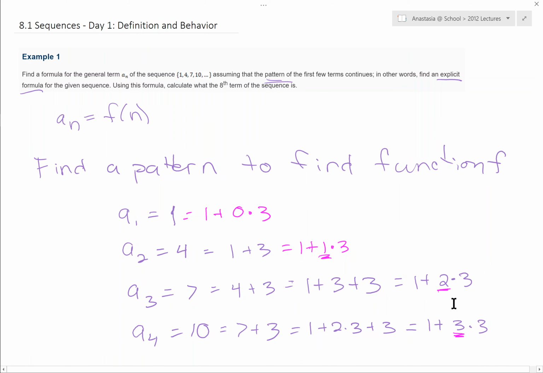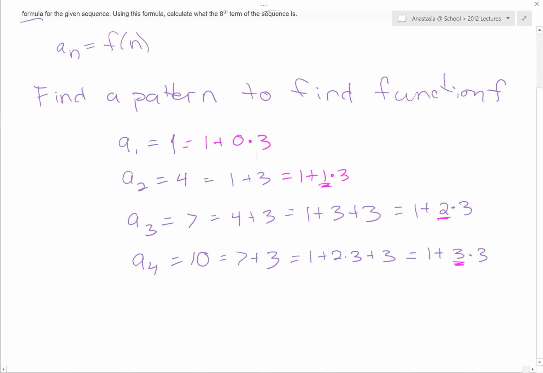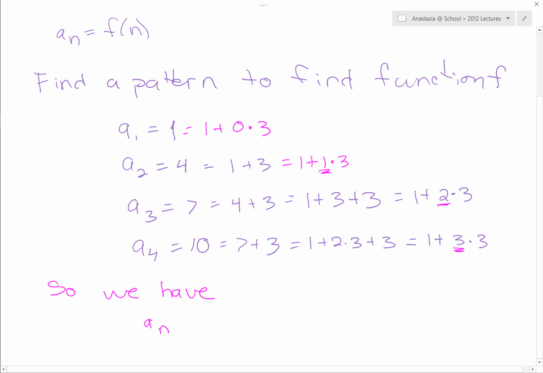So it looks like we have found a pattern here where almost all the things are the same between the different terms, except we just have this one number that is increasing each time. So maybe we can write that in terms of our index. We have then that a sub n is going to be 1, because that's in each one of our terms, plus something, I'll come back to that, times 3.